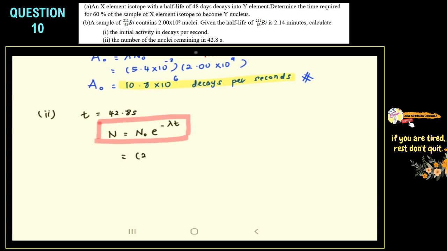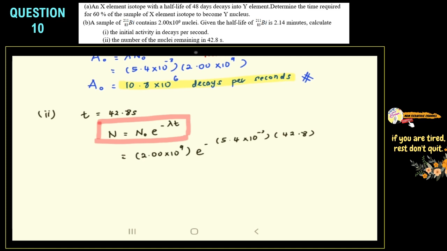N naught is given 2 exponent 9, e negative, and the decay constant we have calculated just now in seconds, 5.4 exponent negative 3, and T is given 42.8.